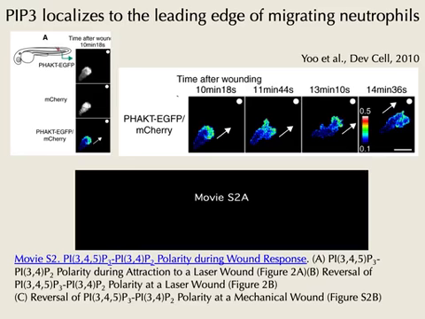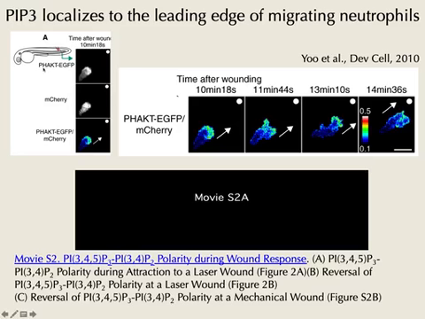Similarly to what we've seen before, in this paper they created a reporter for PI3 kinase, and it's a very clever one. Here you have mCherry, just to label the outline of the cell and give you a feel for whether the cell is thin or big and so on. So it's sort of normalizing the signal.